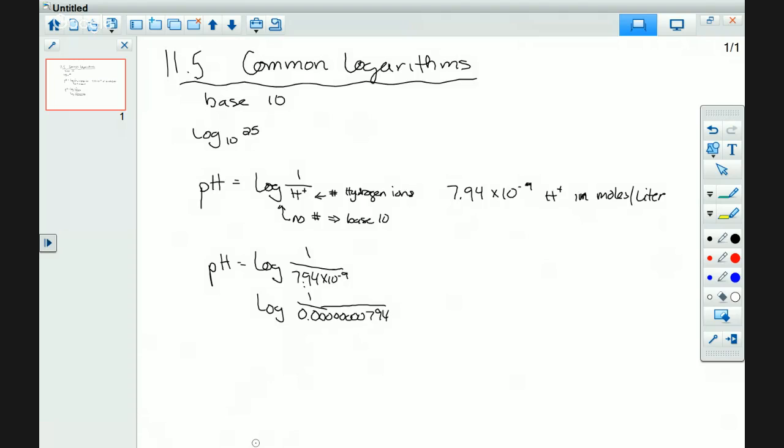So on your calculator, there's a log button on the left. This is log. Log 1 divided by this decimal. Close your parentheses and hit enter. You should get 8.1.